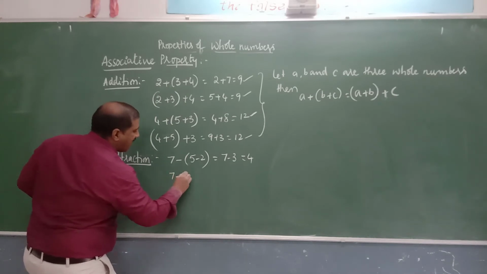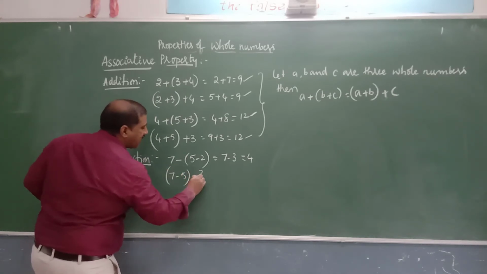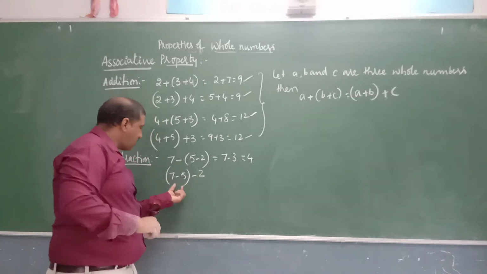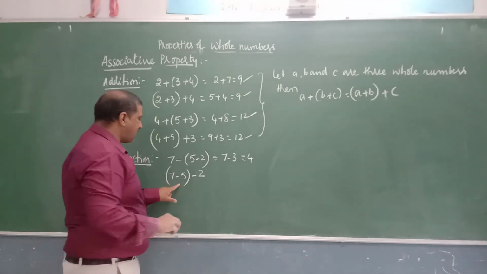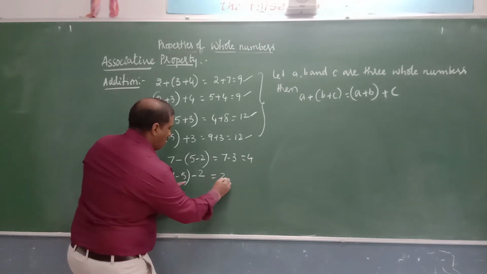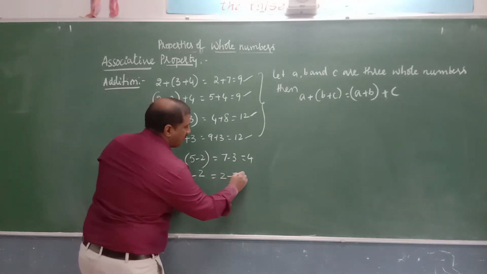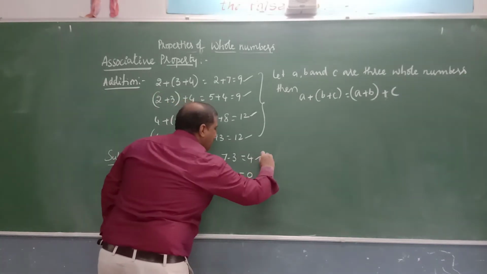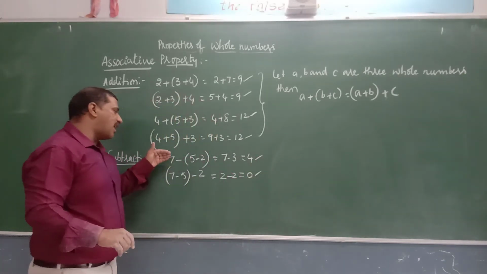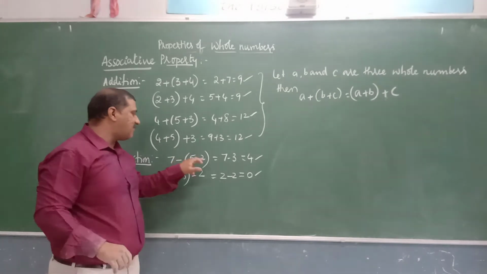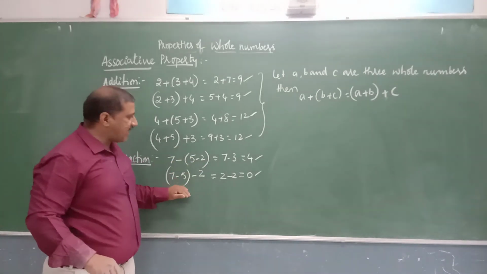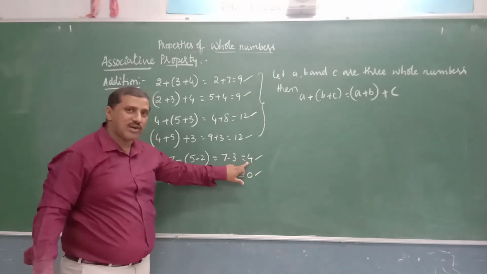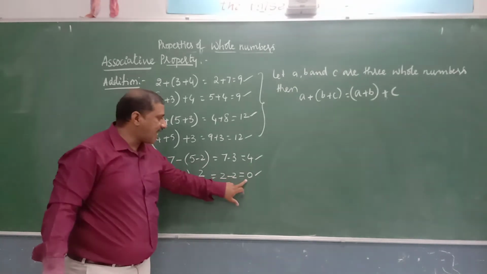Then what about (7 minus 5) minus 2? Subtract 7 and 5. 7 minus 5 is equal to 2, and here it is minus 2. 2 minus 2 is equal to 0. Though we have taken the same whole numbers 7, 5 and 2, in different ways, did we get the same difference? No. In the first case we got 4 as its difference, and in the second case we got 0.